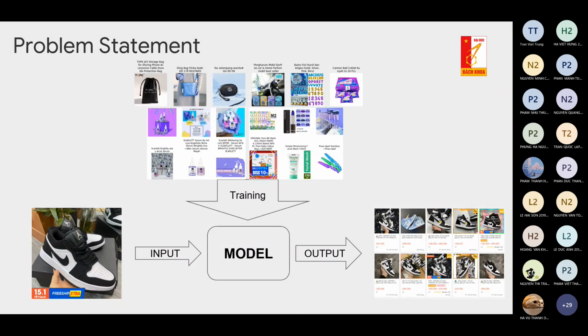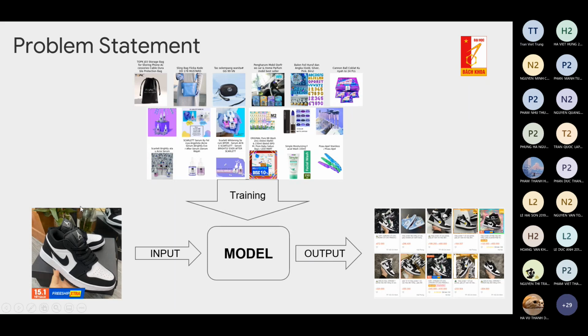We have many classes and a lot of images, so our model will learn from that data, and when we give the trained model a new input, like a new product of ours, it will be able to tell us what type of product it is, the class, the label group of that product.